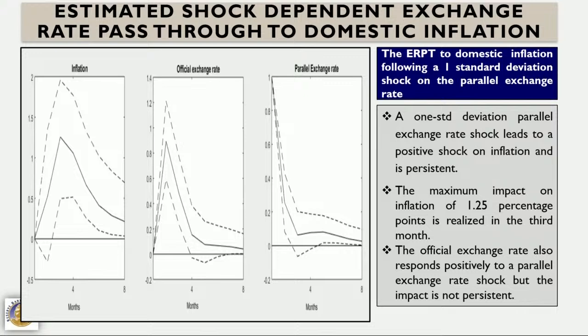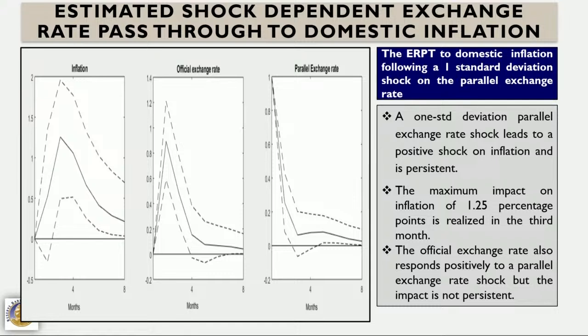On this one, because we know that sometimes the official exchange rate doesn't move as much as the parallel exchange rate, in our analysis we have decided to incorporate both the official and the parallel exchange rate.